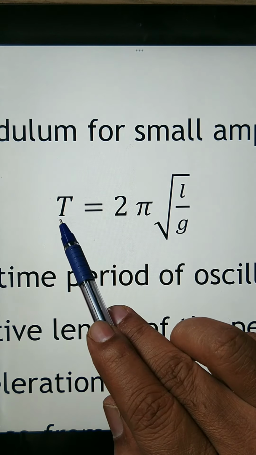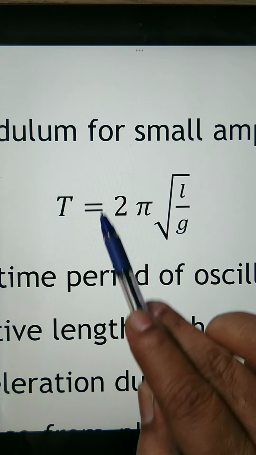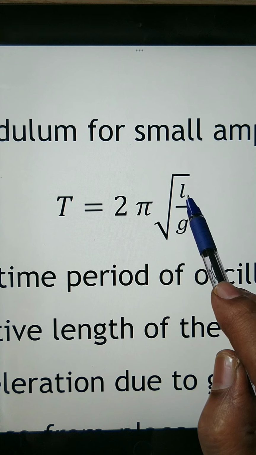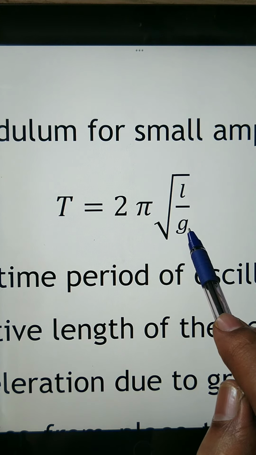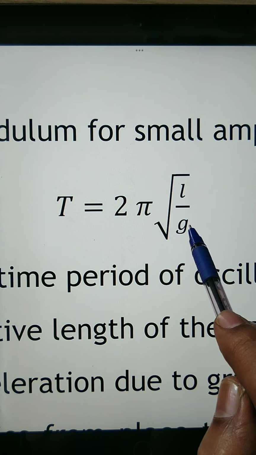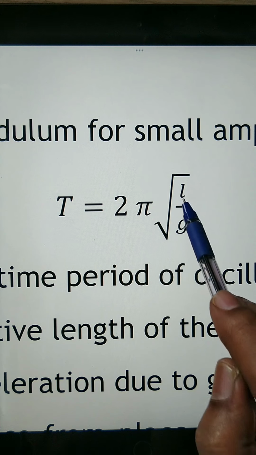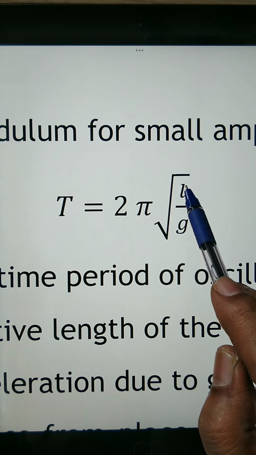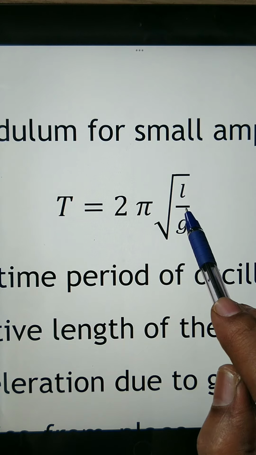Time is in seconds. 2 pi is of course a constant. L is in meters. G is the gravity at that particular place, expressed in meters per second squared. L is the effective length from the fulcrum to the center of mass of the pendulum.